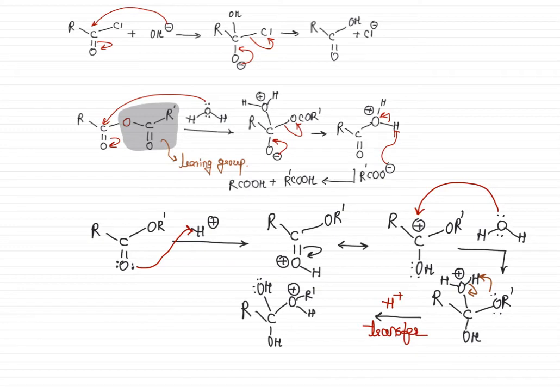Now you may have a lone pair coming in and this moving out, which gives you RCOH and double bond OH plus, and this is minus R dash OH. Now let me put it properly.